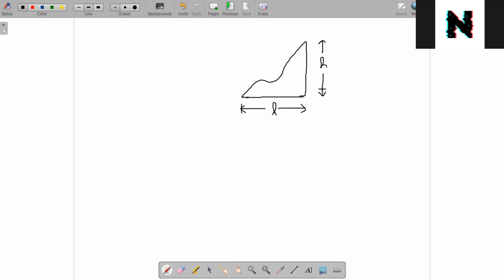These are the distances, the measurements. Then we have a mass M, which is being given a force F. Sir, can you tell what we should find? It says find the work performed by this force. This force means force F.